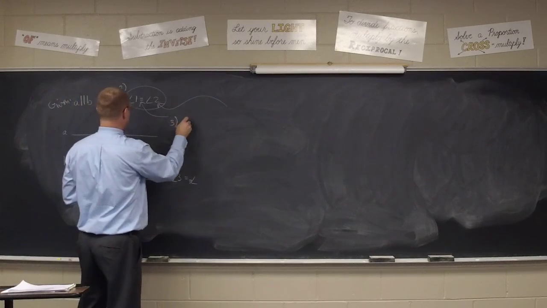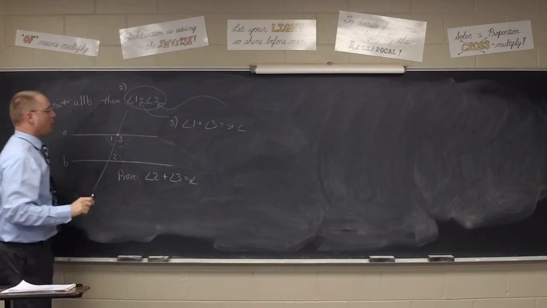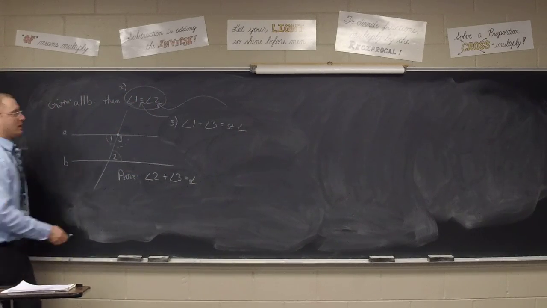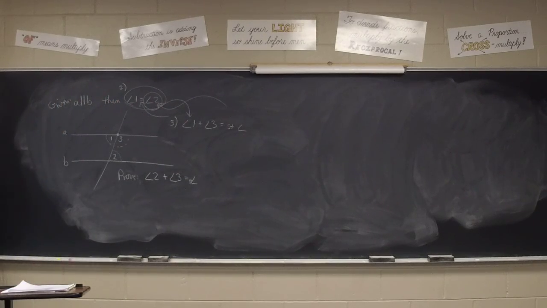So we know number 3, that angle 1 plus angle 3 equals a straight angle. What would I do to get angle 2 plus angle 3 equals a straight angle? Substitute 2 in for 1, and we've got it in 4 steps again. So a lot of little 4-step proofs, if we take the time to do them, written out. Questions on that?